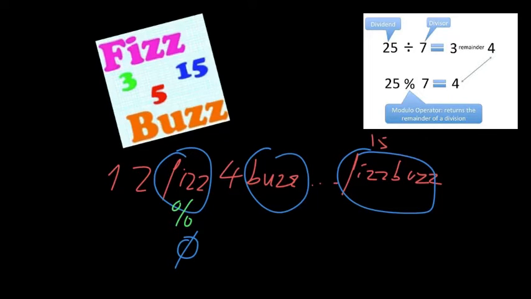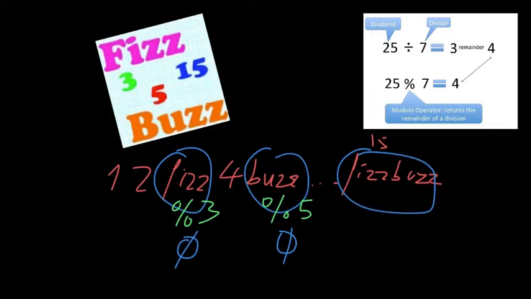So we can use the modulo to work out remainders. If our remainder is 0, then it can help us satisfy a condition. So in this case, modulo 3 would have no remainders, and here modulo 5 would have no remainders.